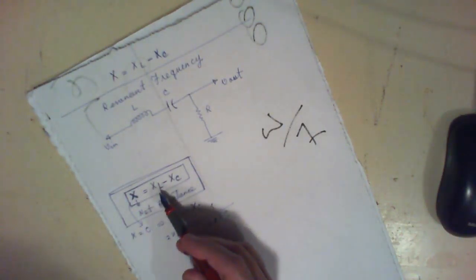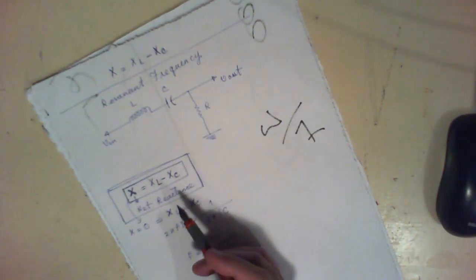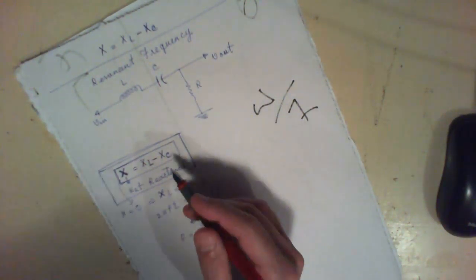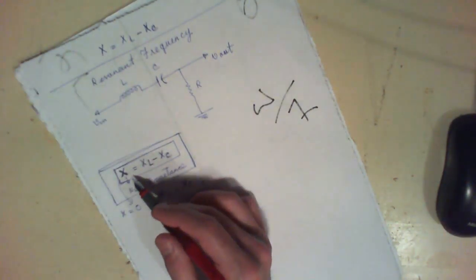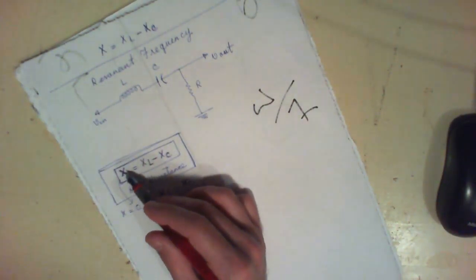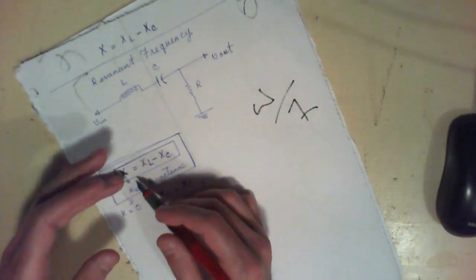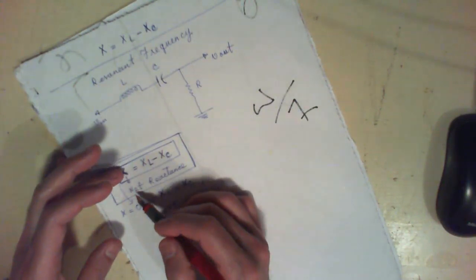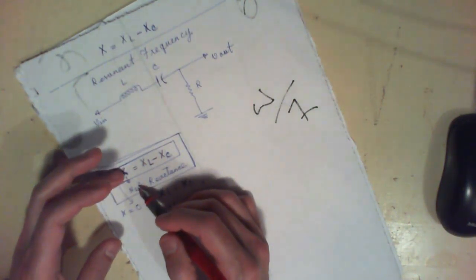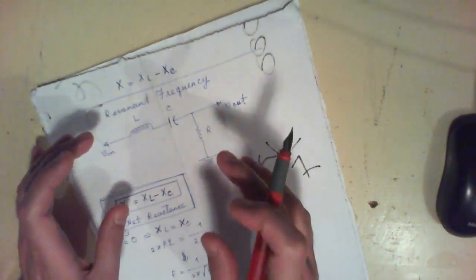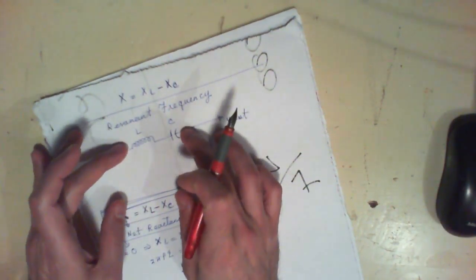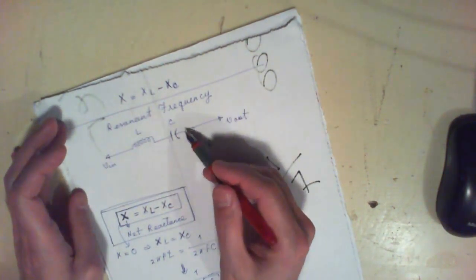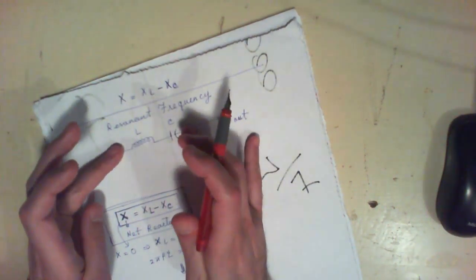It seems that the way it happens, it's just like that. It seems that the closer your net reactance gets to zero, the less voltage drop is actually happening across this L and this C over here.